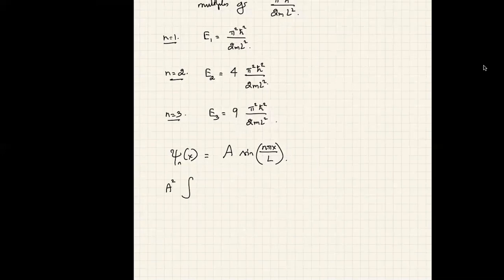So the integral of psi square dx has to be equal to 1 between 0 and L. Integral of mod psi of x square dx has to be equal to 1.